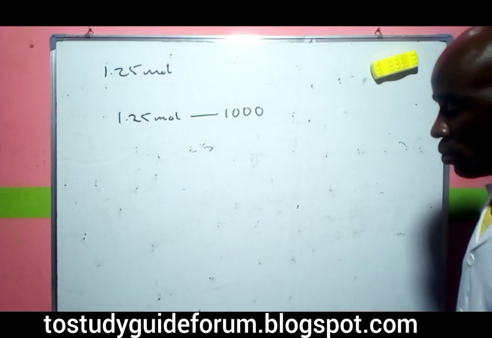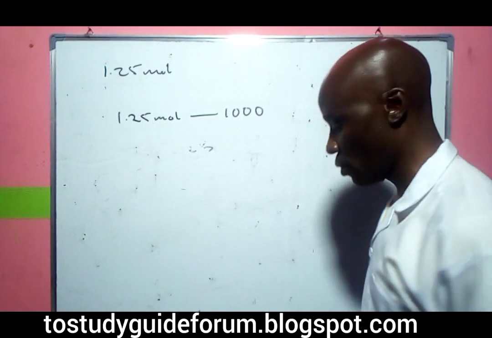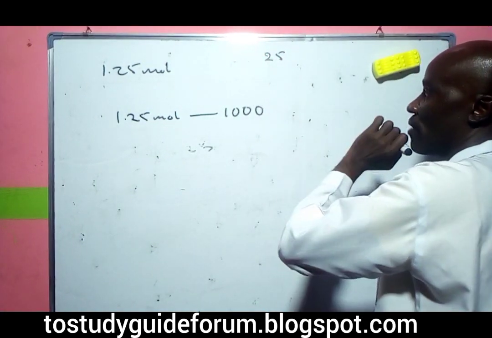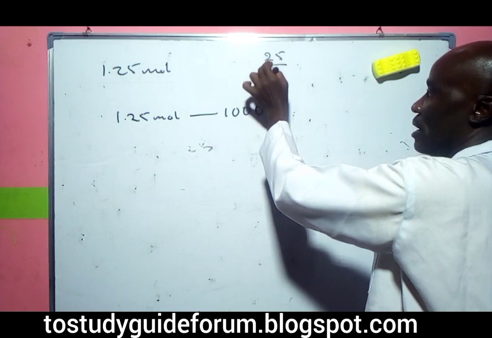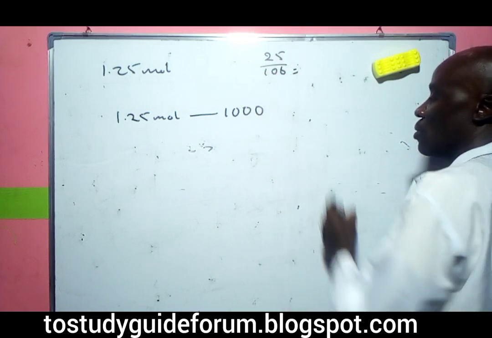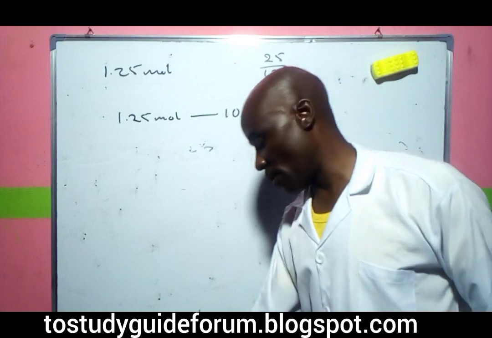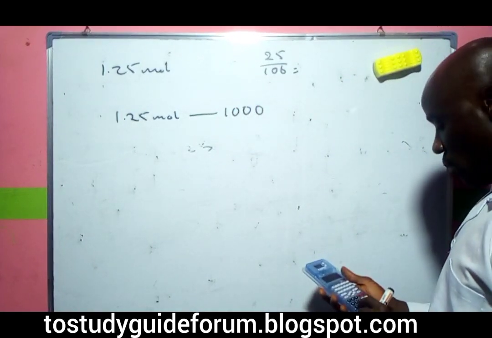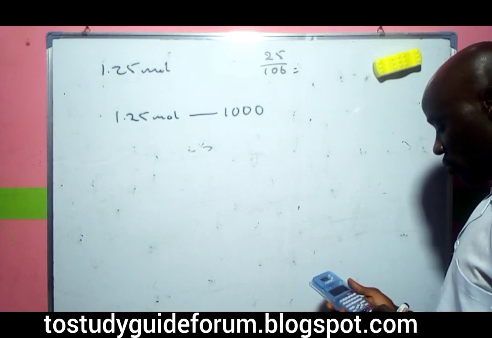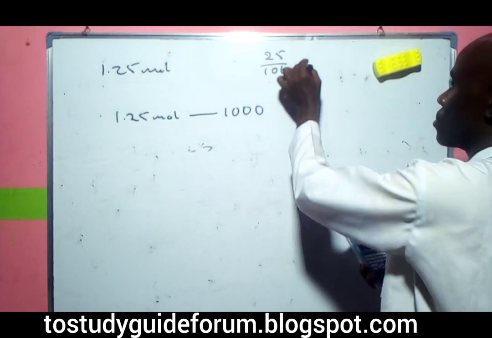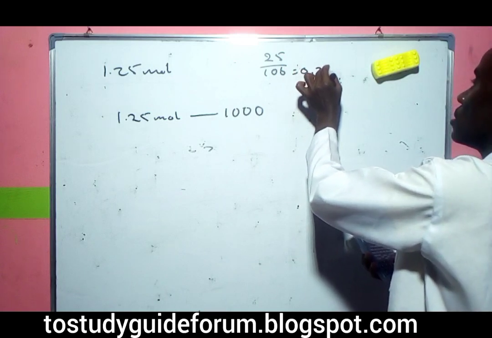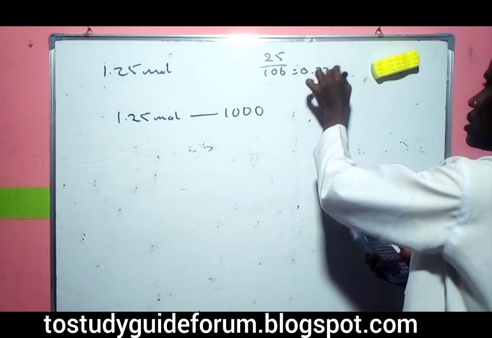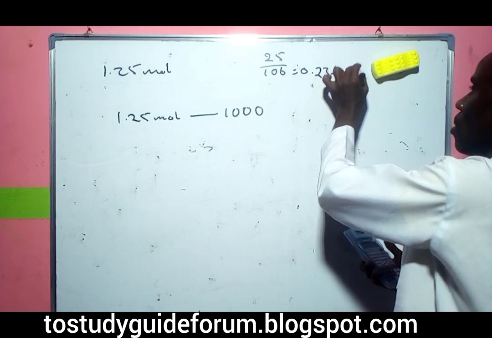Now, for us to go by moles, we need to convert 25 grams also to moles. 25 grams converting to moles will be divided by 106, which is the molar mass or relative molecular mass of the compound in question. You do 25 divided by 106, which gives 0.236 mole.